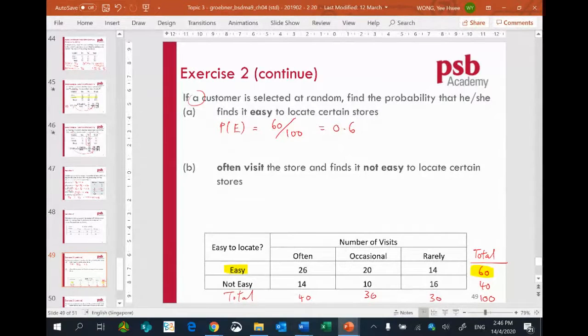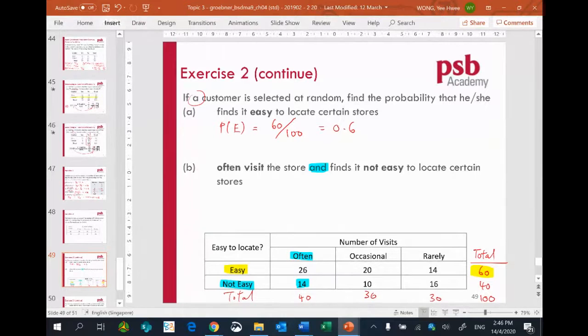Next, often visit the store and finds it not easy. Often, the keyword is what? So which one are you going to look at? Okay, use this one. Which number? Often, not easy. Happening at the same time. Okay, this one happen at the same time.